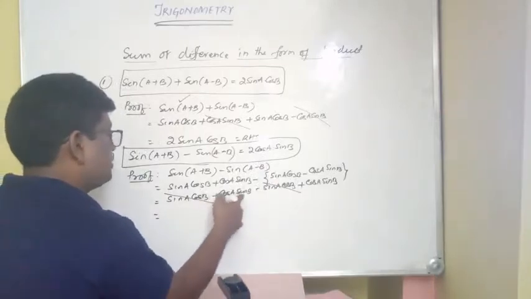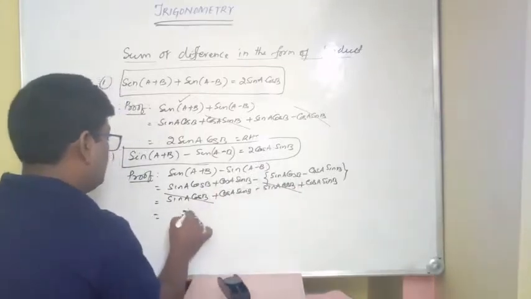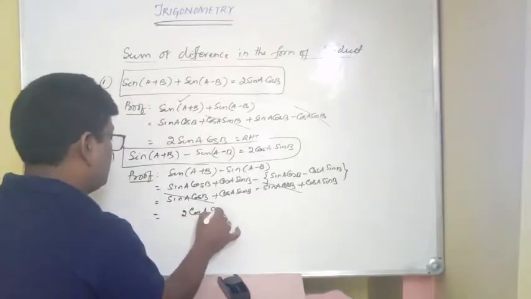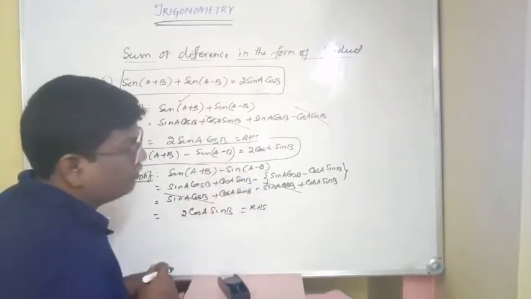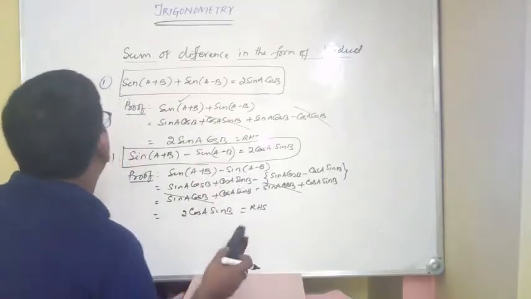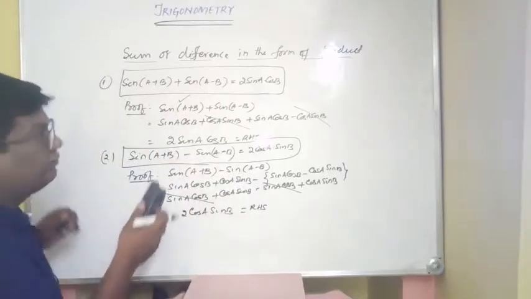This is cos A sin B plus cos A sin B, which is 2 cos A into sin B, equal to RHS. Hence proved.